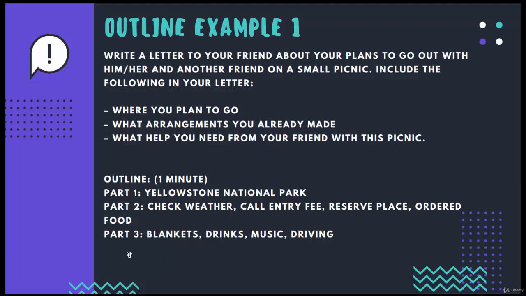But if you're thinking about what you want to say while you're writing, you're not focused on how you want to say it. How you want to say it goes towards the vocabulary choices, the synonym language you choose, the sentence structures, the grammar, the spelling, the structure, right? So outlining gets the ideas out of your head, gets them on paper, and allows you to focus on how you want to say it while you're writing.